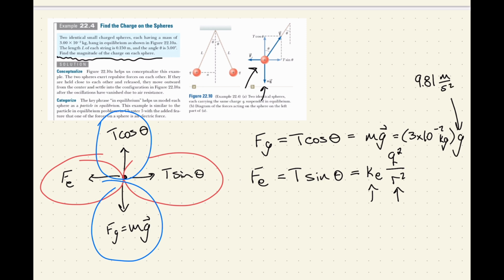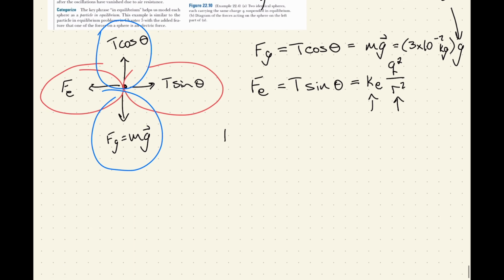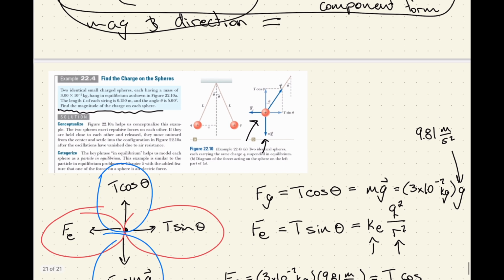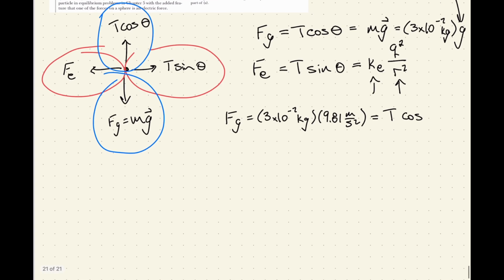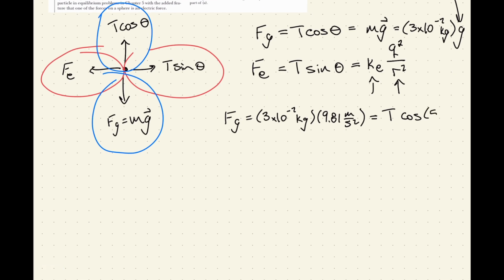Cool. So I'm going to write another equation here. Fg is equal to 3 times 10 to the negative 2 kilograms times 9.81 meters per second squared. This is equal to T cosine theta, and they tell us theta is 5 degrees.